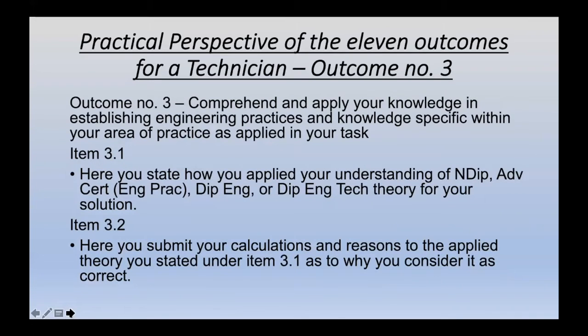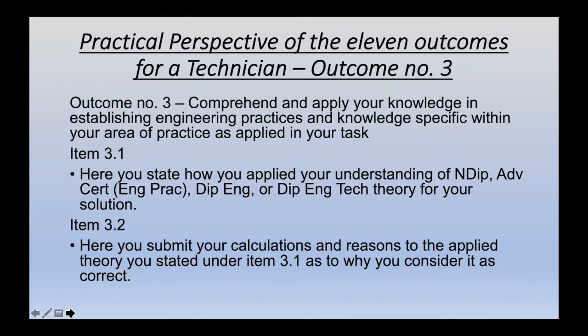Okay, the practical perspective of the 11 outcomes. Outcome 3: comprehend and apply your knowledge in establishing engineering practices and knowledge specific within your area of practice as applied in your task. Outcome 3.1: here you state how you applied your understanding of the National Diploma, Advanced Certificate Engineering, or Diploma Engineering Technician theory for your solution.